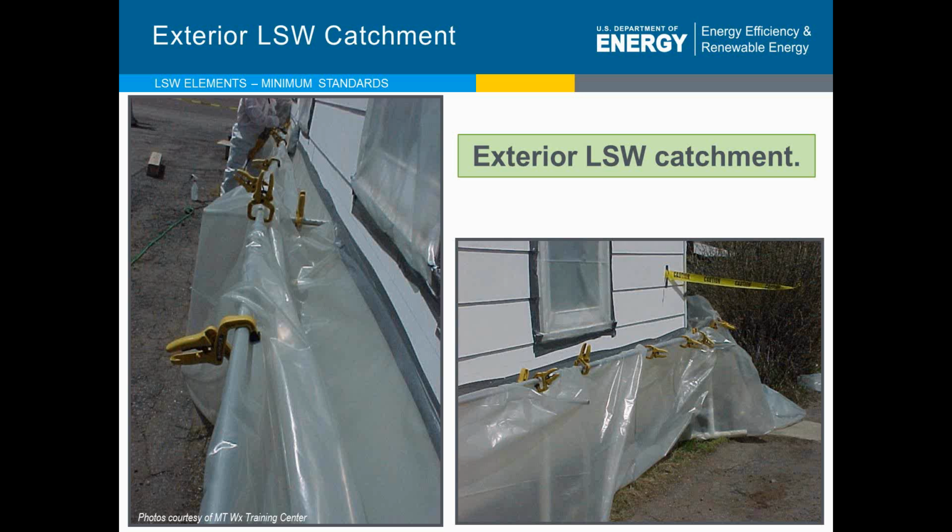The plastic is held with quick release clamps, and I don't have a picture of it, but this can telescope up to a second level. Again, you'll see that in the curriculum and in the WXTV episode.